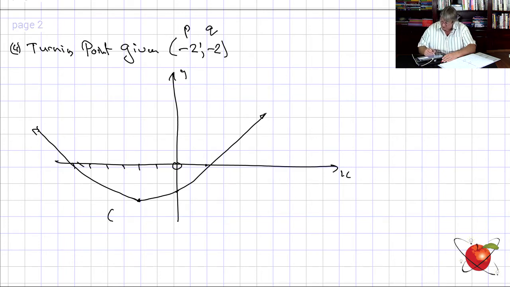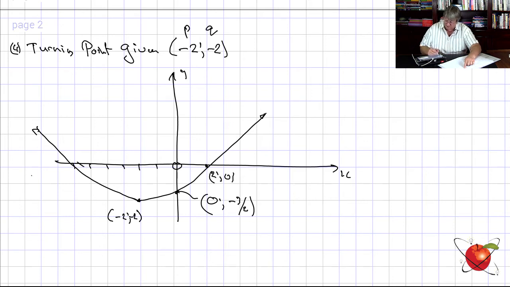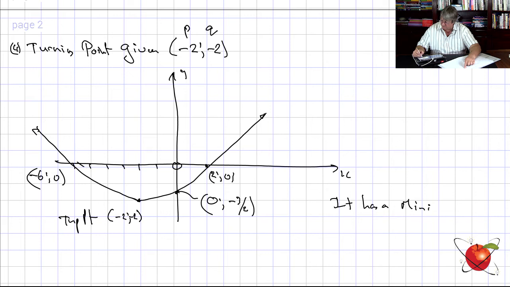This point here is minus 2 and minus 2. And this point over here you'd label as the intercept 0 and minus 3 over 2. These are all our points, and this is 2 and 0, and this is minus 6 and 0. And there's our turning point. And it has a minimum of minus 2. The domain and the range, etc. Very straightforward.